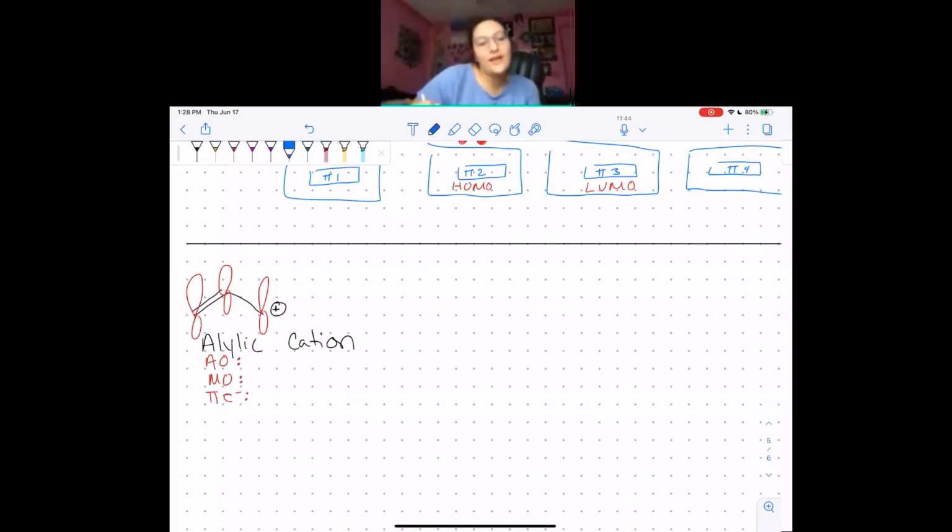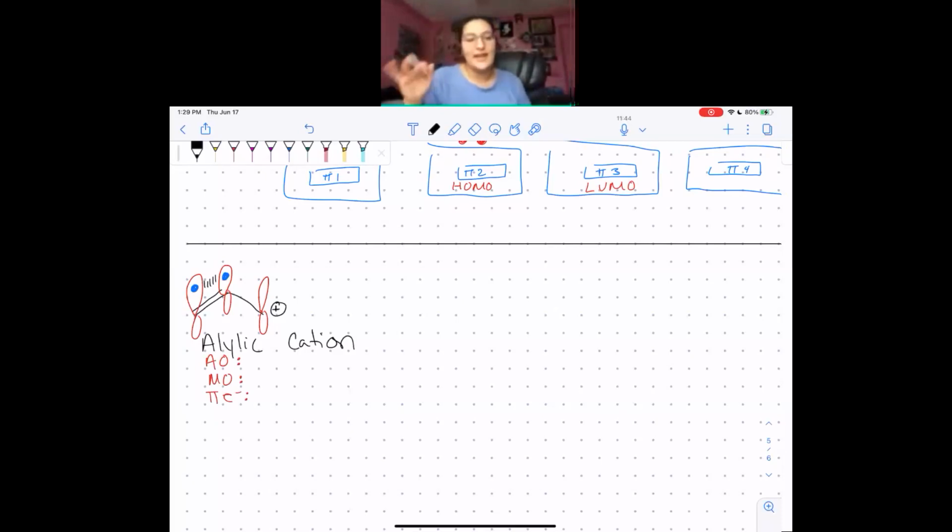And so now, how many electrons do we have in each orbital? Okay, so some people said 1. And yes, there's going to be 1 in each of these orbitals. But how many electrons will be in this one? 0. I totally agree, because we have a plus charge. So there's going to be nothing in there.